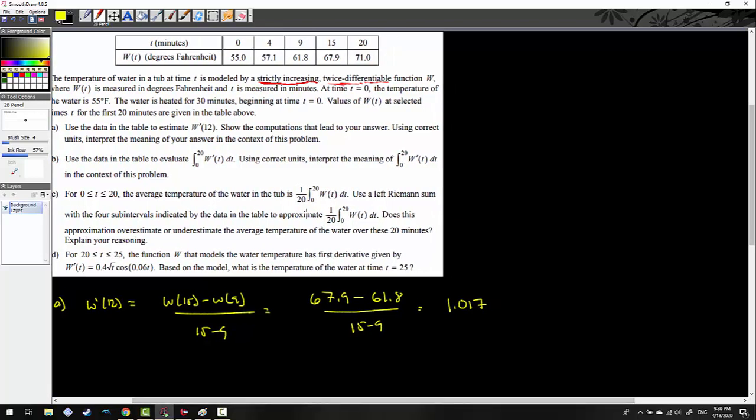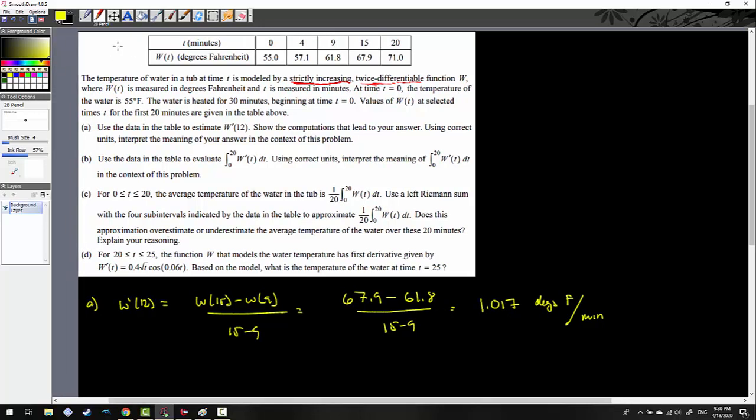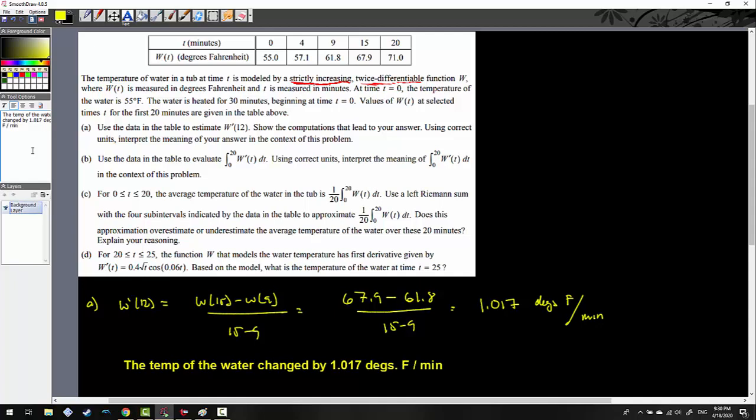So what does this mean exactly? Well, from here, this is going to be in degrees Fahrenheit per minute. And since we have to actually interpret that in the context of the problem, what we're going to say is the temperature of the water changed by 1.017 degrees Fahrenheit per minute at t equals 12 minutes.